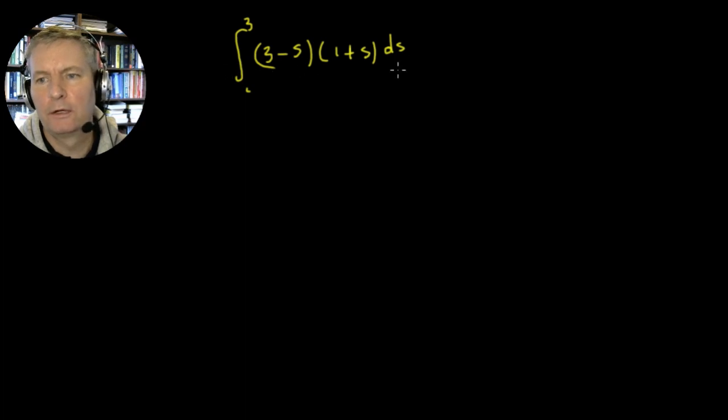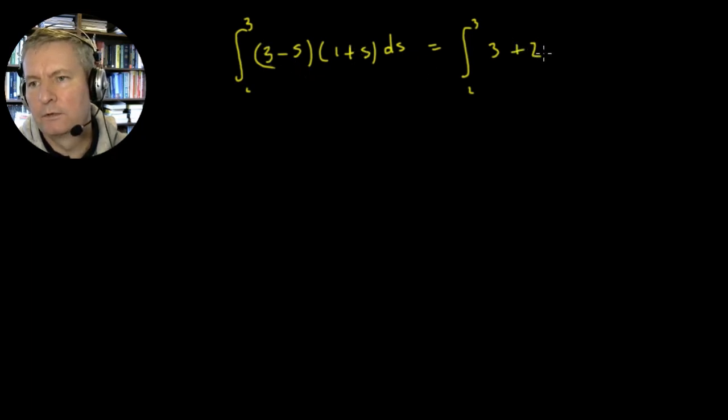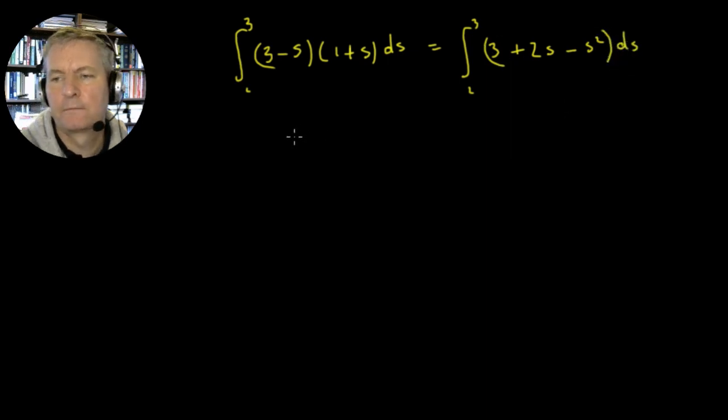Now we can multiply out the brackets, so that's the same as saying the integral from 2 to 3 of, well, 3 times 1, and 3 times s is 3s, minus s is plus 2s, s times s is s squared, but it's minus, so it's minus s squared all by ds.